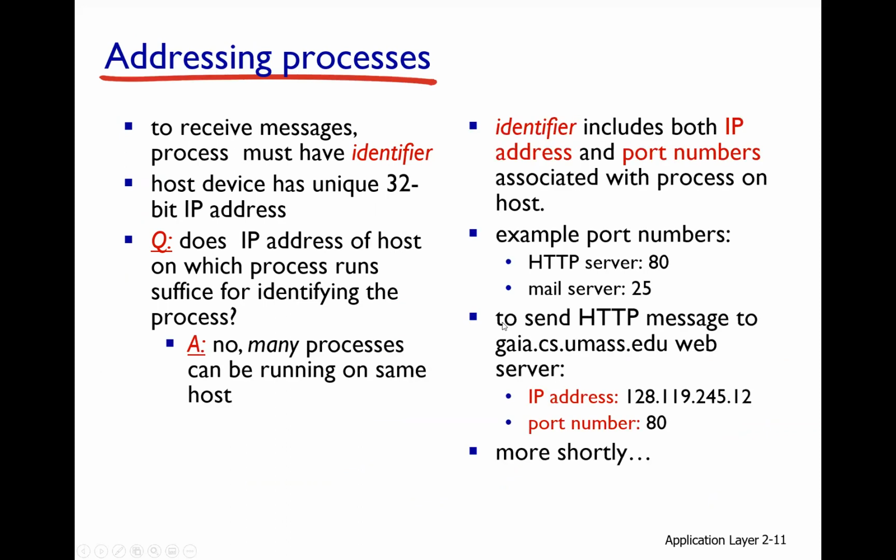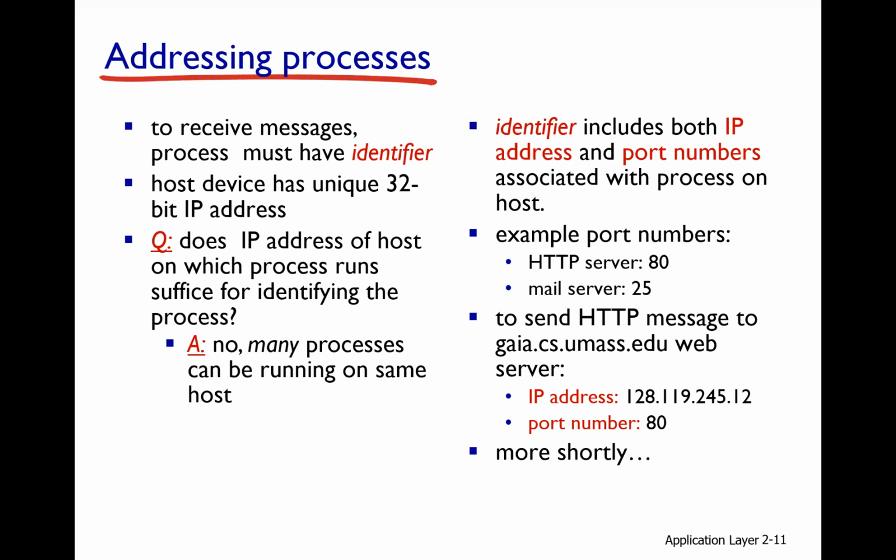The next question about this interface for process communication is, how can we identify processes from one host to another? Each host might have multiple applications, and each application might have multiple processes. How can we distinguish one from another?